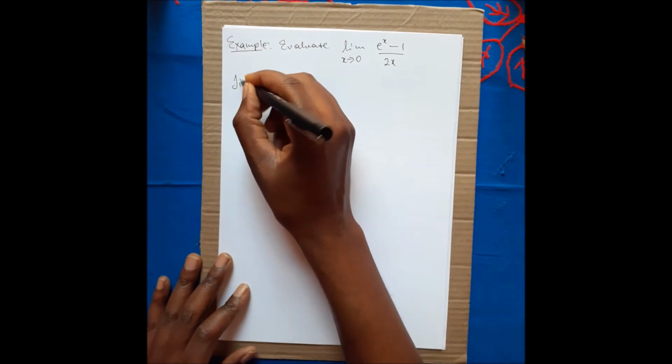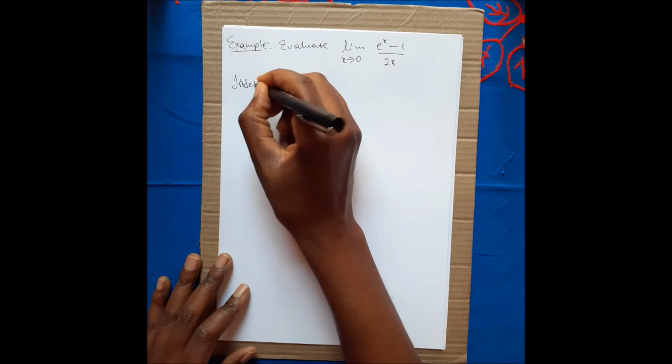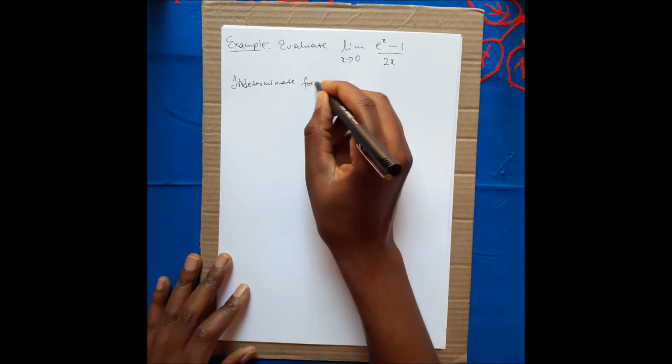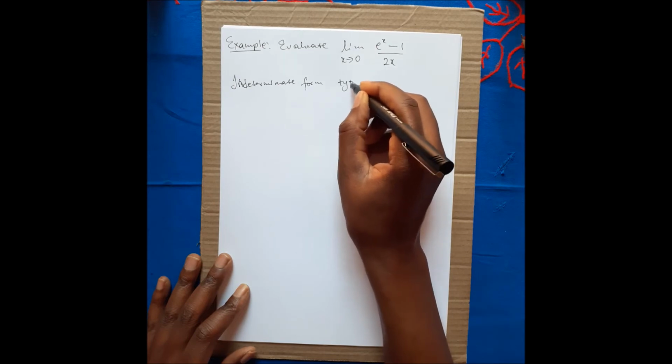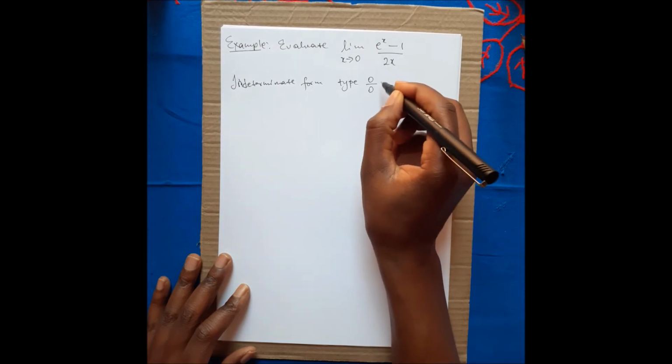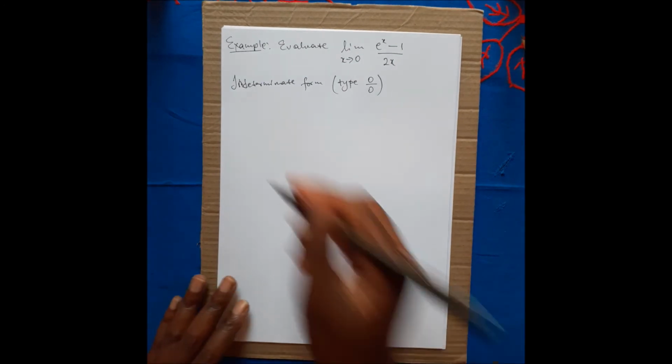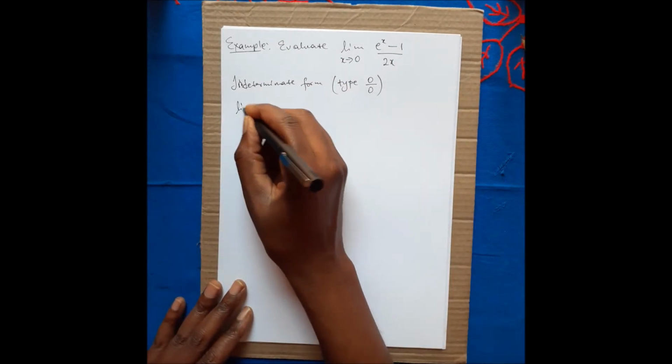So we get indeterminate form type 0 over 0. Since we have that, it tells us that the limit does exist.